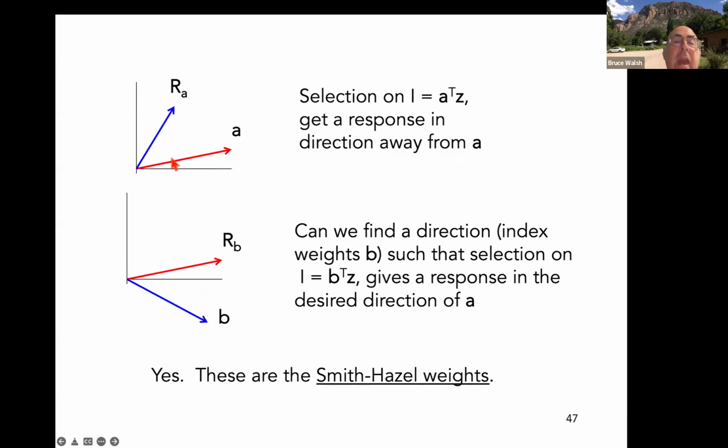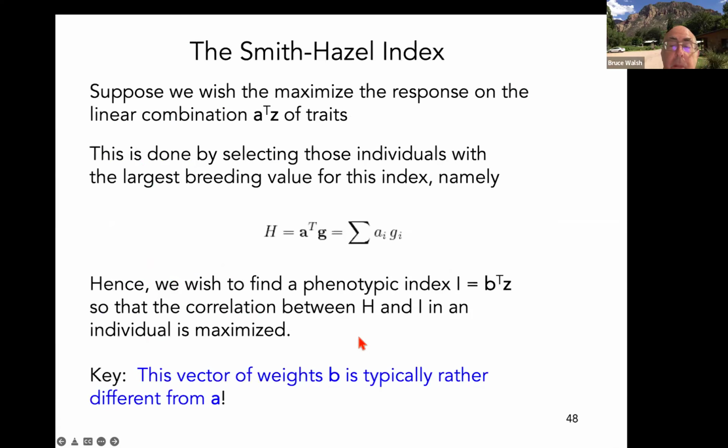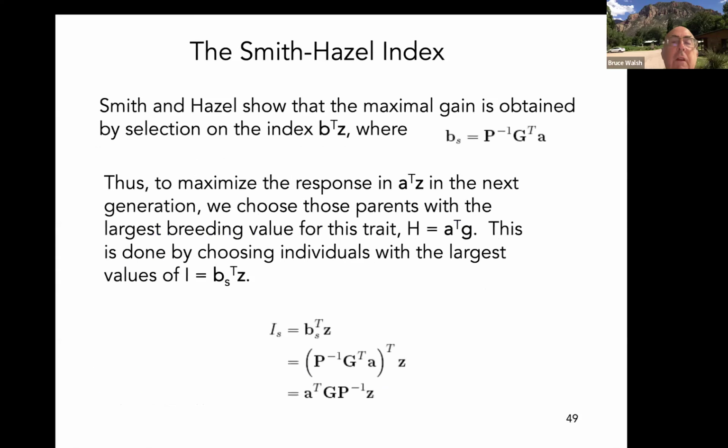So for example, if A are the weights I'm trying to improve, if I pick individuals based upon those weights, I get over here. However, if A is the direction I'm trying to improve, can I choose weights B such that when I rotate them by selection, I end up along the direction? And the answer is you can. Those are called the Smith-Hazel weights. Basically, here's what they look like.